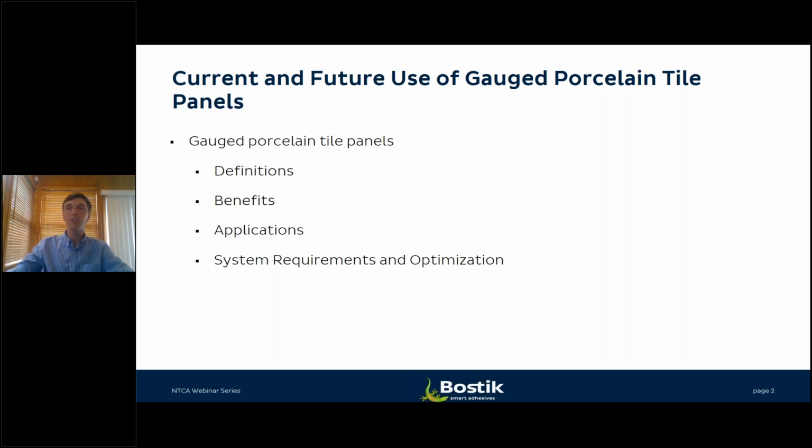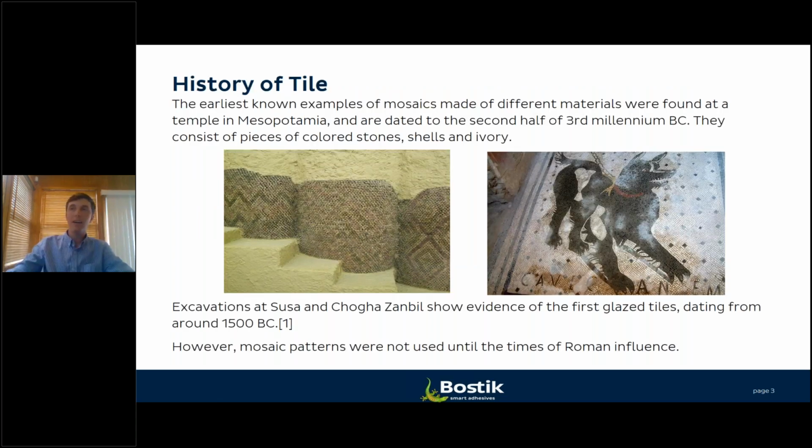You'll see that some of the earliest known examples of tile were actually in the mosaic format, and these were made of a variety of different materials found in a temple in Mesopotamia, and these date back to the second half of the 3rd millennia BC. So this type of overall process for tile has a tremendous amount of history to it.